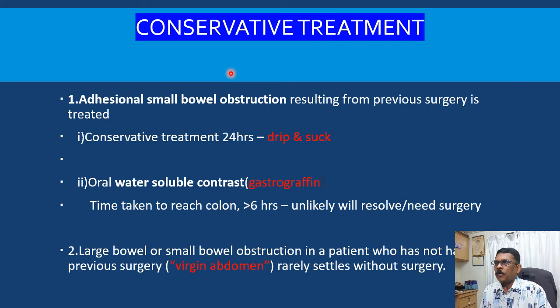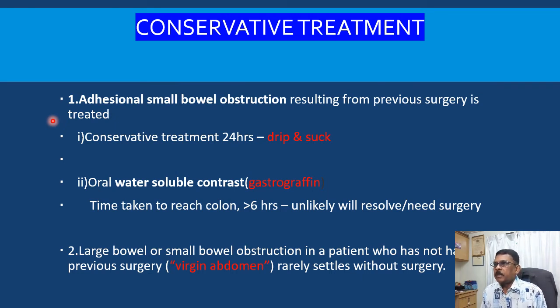Bowel obstruction arising from adhesions of the small bowel due to previous surgery is best treated conservatively, and this is done in this sequence. First, the patient is treated by drip and suck conservatively for 24 hours, and you monitor the patient.